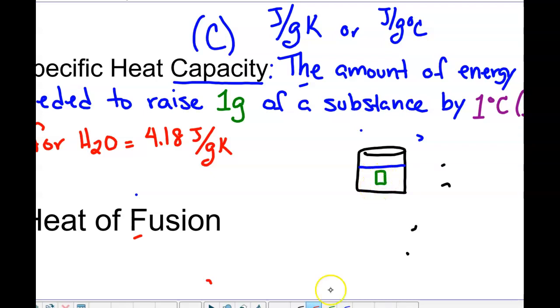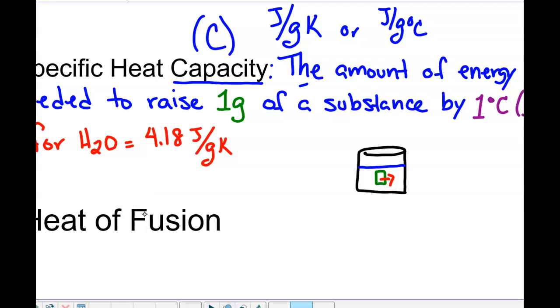And if this is exothermic, it's going to give off heat. So the amount of heat that is given off by the object will be equal to the amount of heat that is absorbed by the water. And that's the law of conservation of energy. So when we do that, we can measure how much heat is being given off.